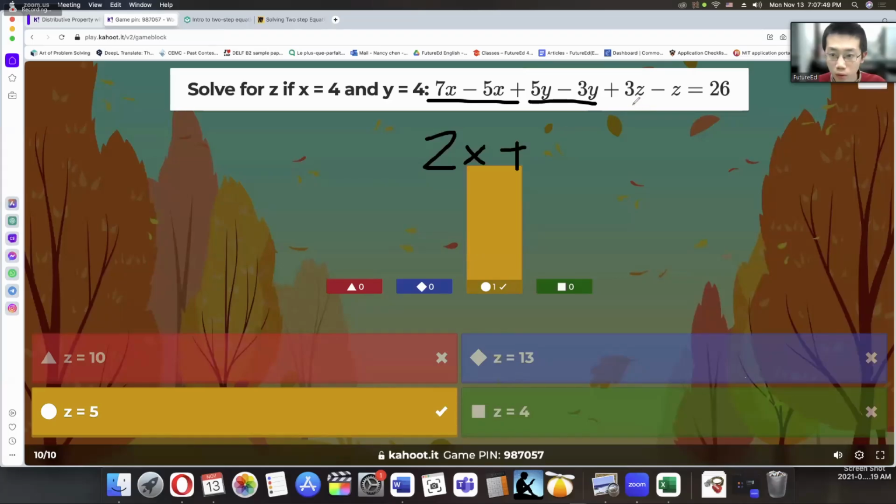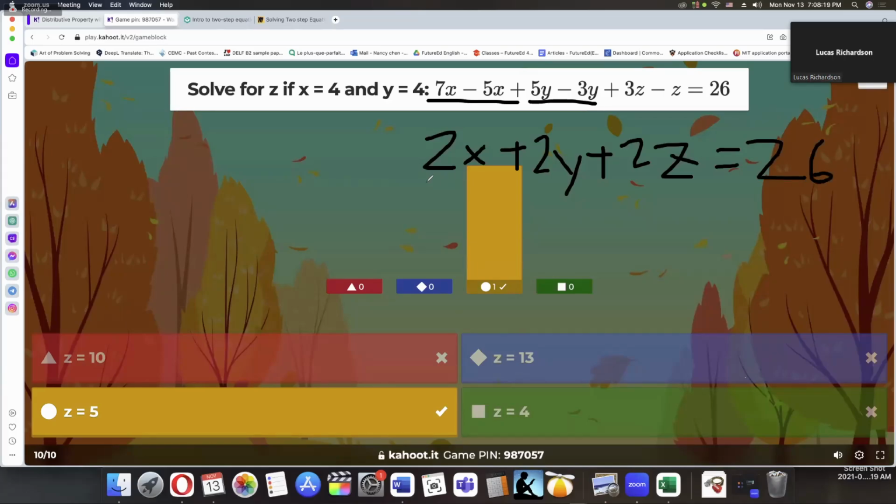It's 2y. And 3z minus z is 2z. Awesome. And all of this is equal to 26, right?